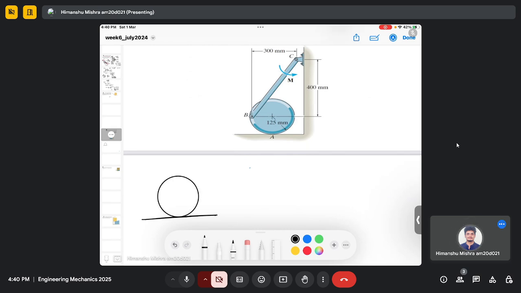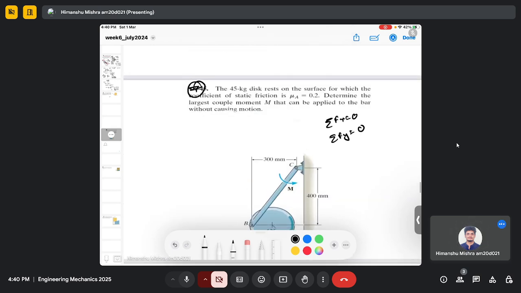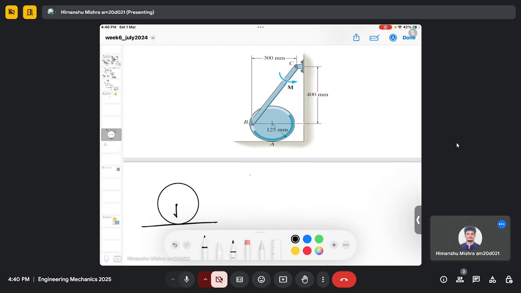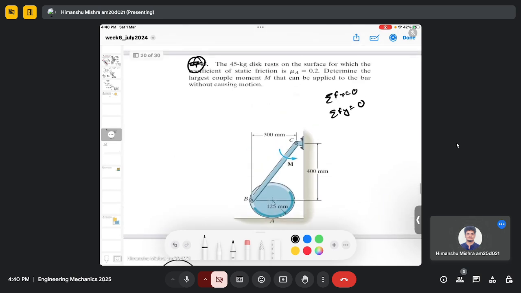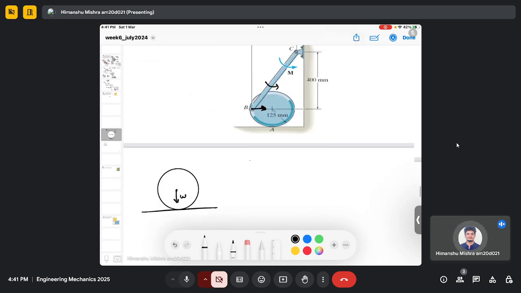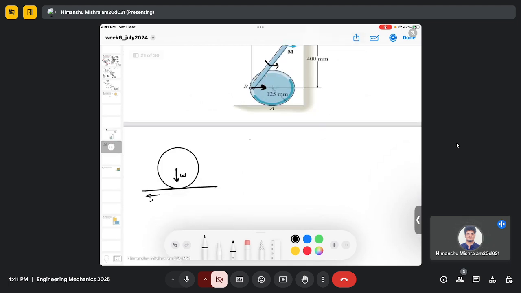So this is my disk, and there will be a weight acting, and there will be a moment of this bar which is rotating in this direction. Maybe it will try to move the disk in the right direction. So the friction force will be in the left direction, and there will be a normal reaction force Na here, and this friction force will be equal to mu Na.